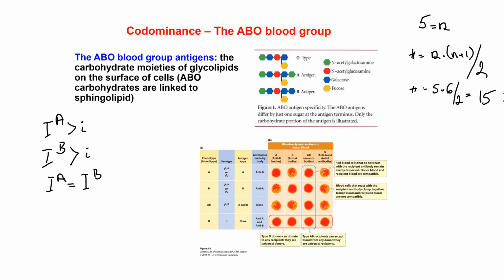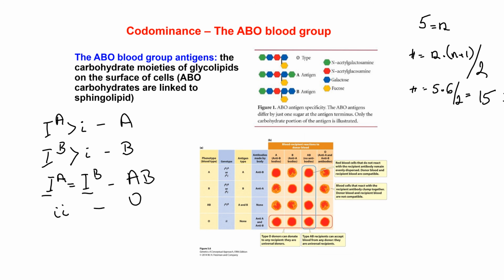Equal, what I mean by that? They are co-dominant. If these two alleles are present, both are manifested. So this one will be blood group A, this will be blood group B, and this one will be blood group AB. Blood group O is determined by homozygous recessive.